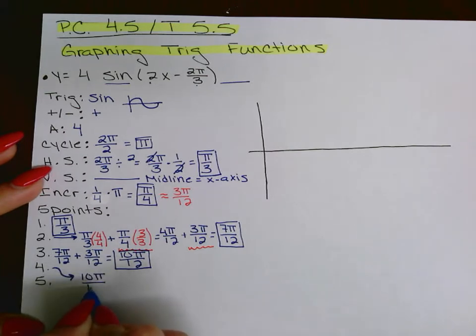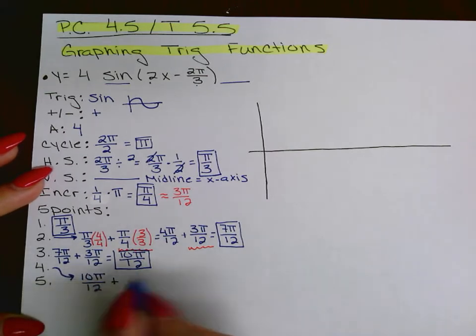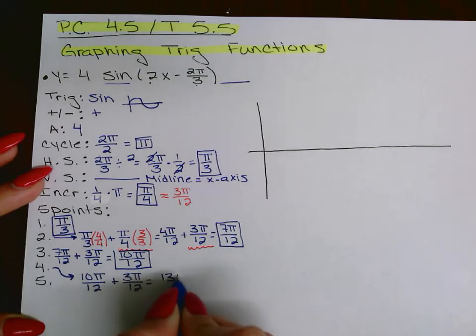Previous point, 10 pi over 12, plus my increment, which we said was 3 pi over 12, gives us 13 pi over 12.